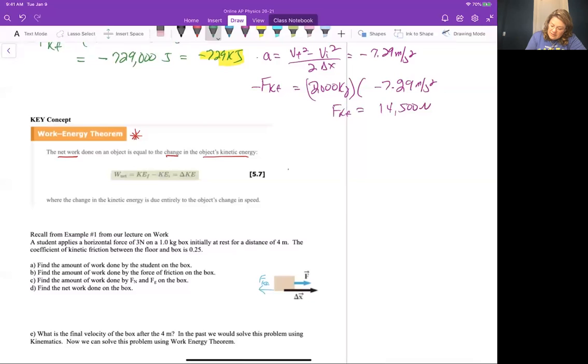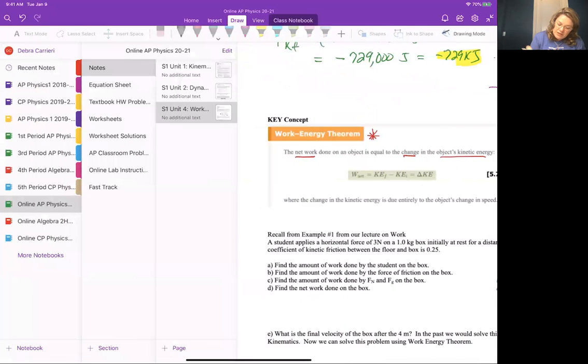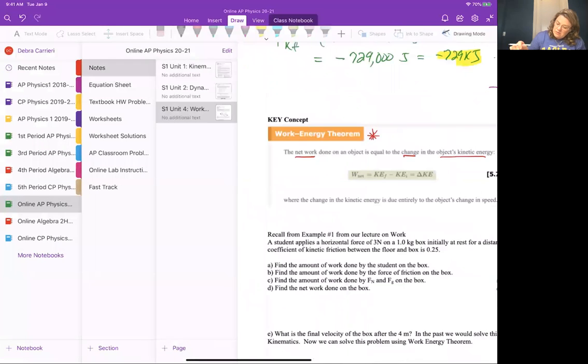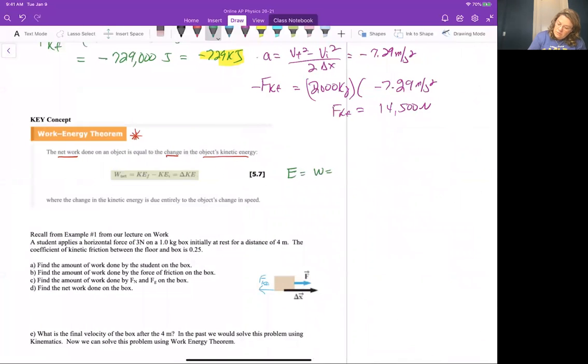It looks like this. Energy is equal to work, which is equal to, hold on, let's go find it. Can't remember it off the top of my head. There it is. I knew change in energy is equal to work.